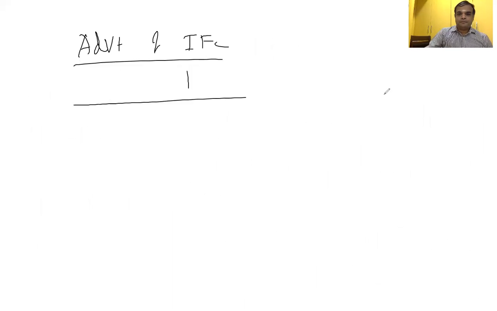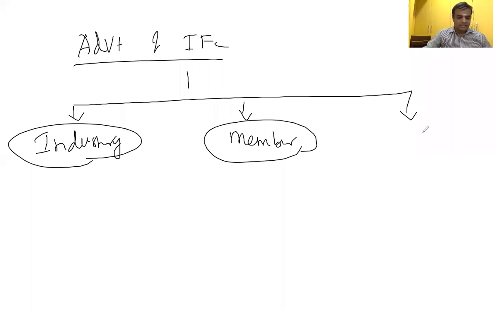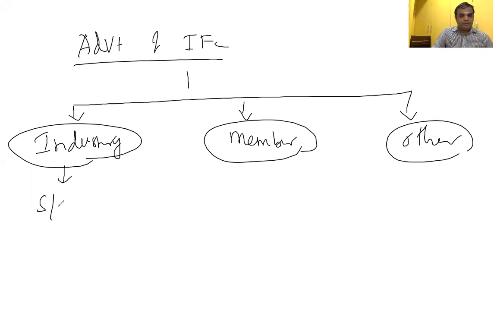Next, advantages of inter-firm comparison. It gives advantages to the industry, advantages to members, and advantages to others. With respect to the industry, they can identify the strengths and weaknesses of the concern.